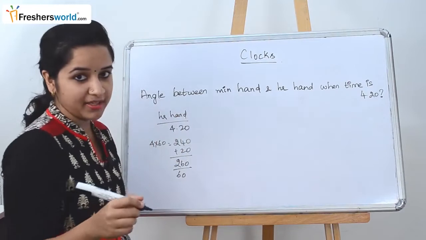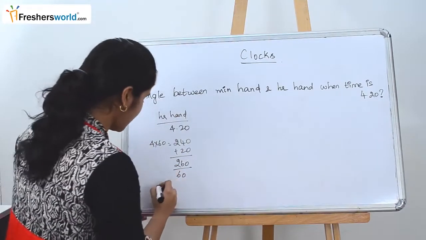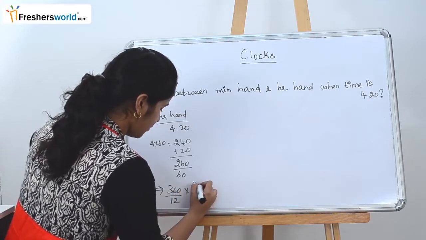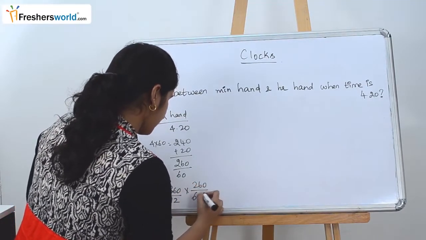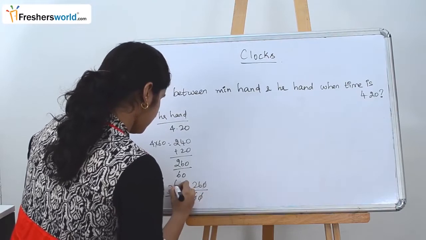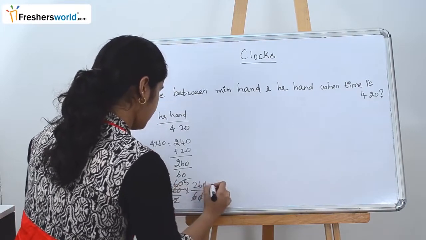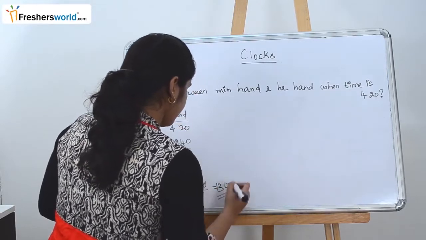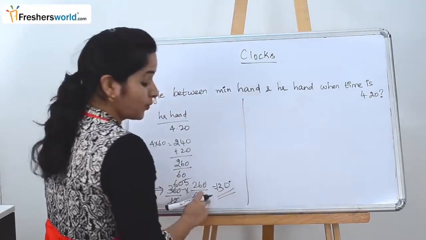We know the hour hand moves 360 degrees every 12 hours, so 360 by 12 into 260 by 60. Six fives are 30, 5 twos are 10, so 130. So the hour hand is at a 130 degree angle.